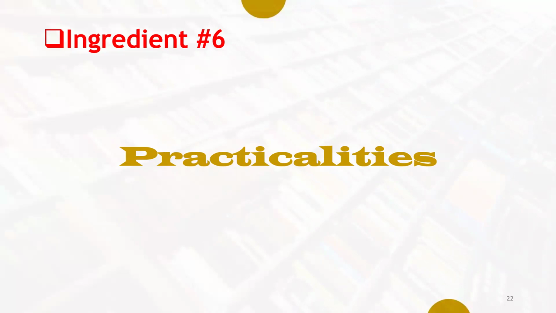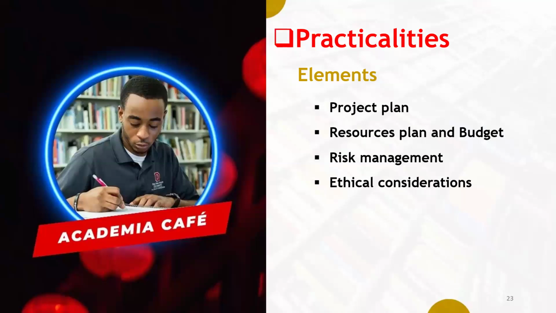Essentially, the practicality ingredient is about the feasibility of the research proposal, the execution of your research project. Some of the elements that come in here include the project plan, a key outline of your research project process, highlighting the various phases of your research process, the things you are going to do during these phases, and the time allotted to them. A tool like Excel is useful here.